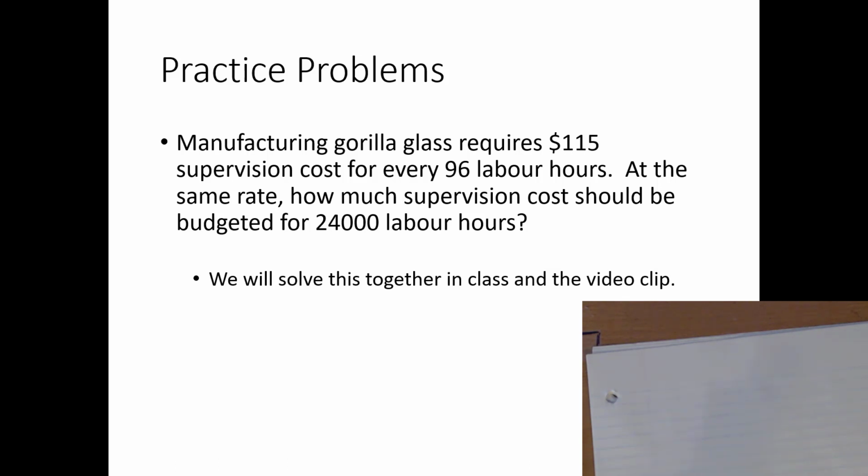How much supervision cost should be budgeted for 24,000 labor hours? How much supervision cost? That is the thing we do not know that we really want to know. That is our unknown. We're going to use the ratio specified in the first sentence to help us solve for how much supervision cost will be when we have 24,000 labor hours.